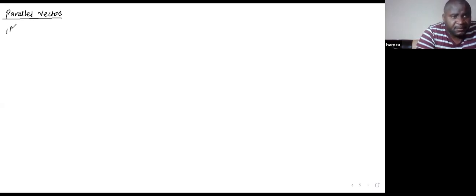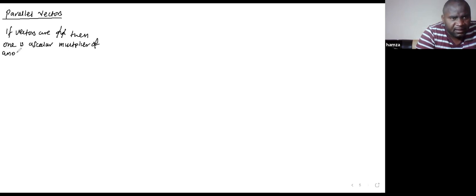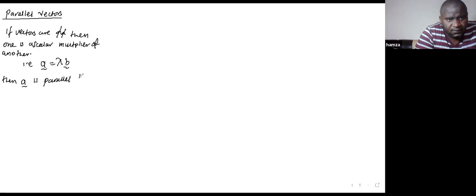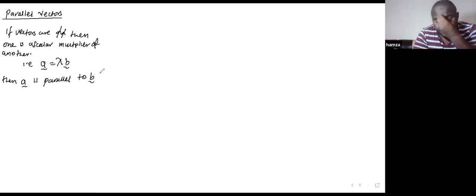If vectors are parallel, then one is a scalar multiplier of another, i.e., if I have A equal to lambda times B, then it means A is parallel to vector B.